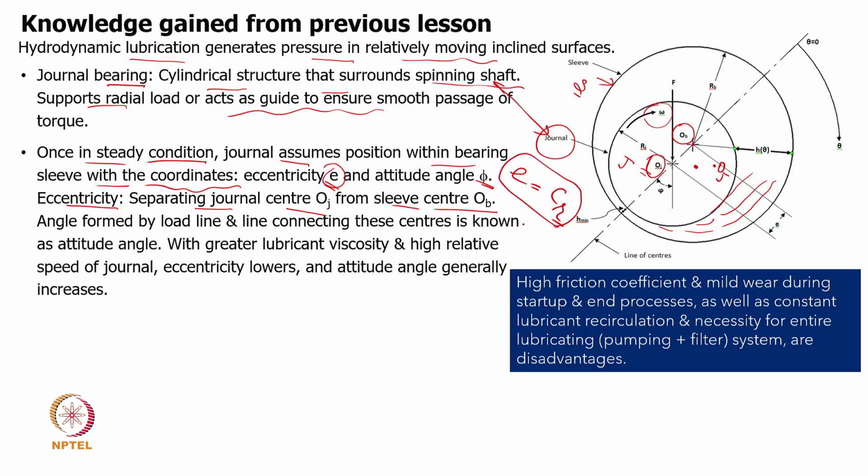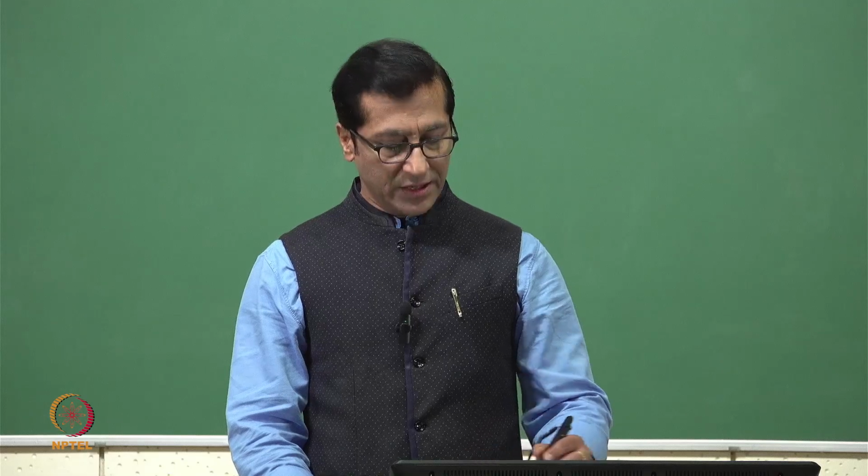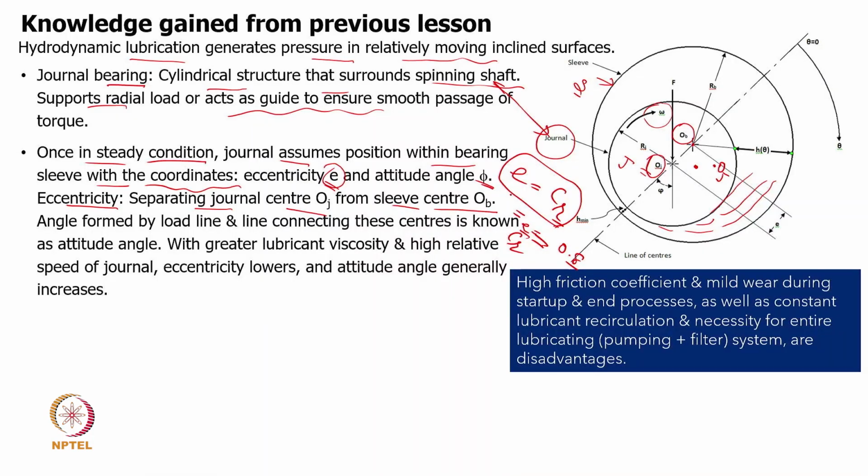So what we mentioned last time, e divided by c, the radial clearance, is a normalization, and it should be approximately 0.8. That's what we use. Epsilon, this ratio, should not be lesser than 0.5, and epsilon should not be greater than 0.9.